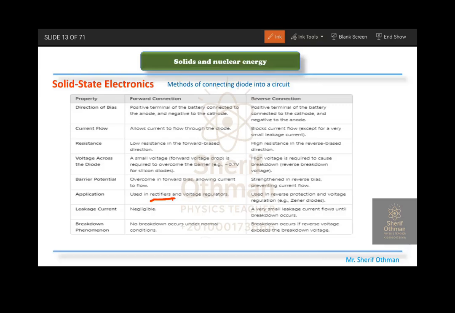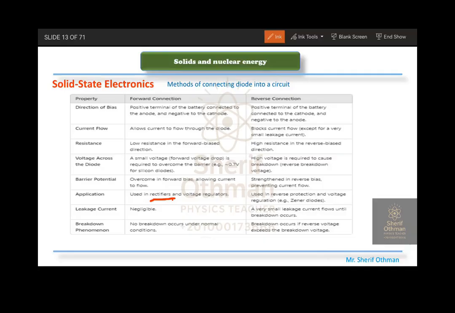If you are going to talk about the reverse connection, in the reverse connection we said the positive terminal of the battery is connected to the cathode and the negative to the anode. Current flow: it blocks current flow except for a very weak leakage current. Resistance is high.